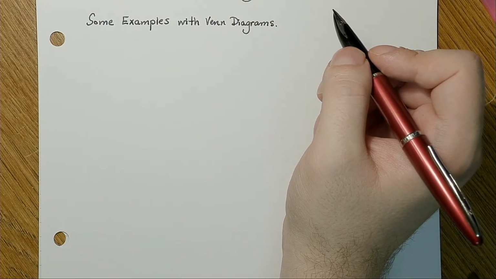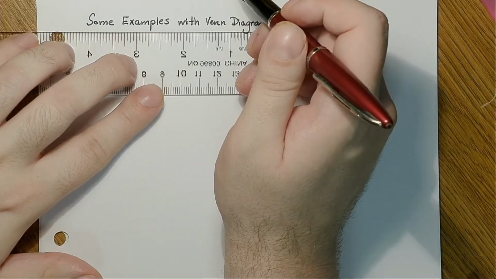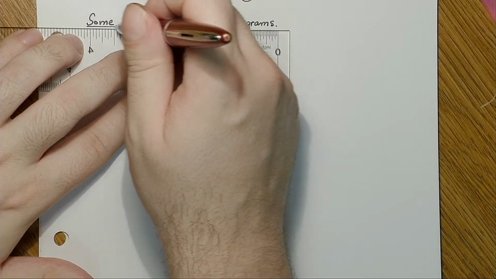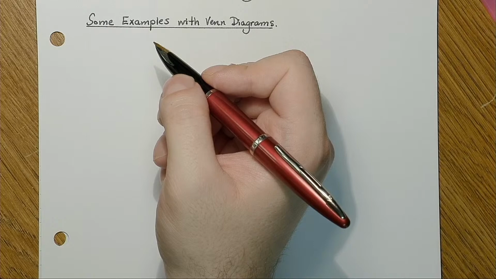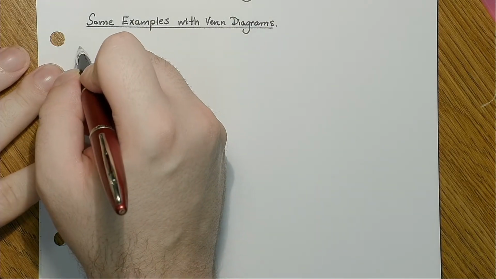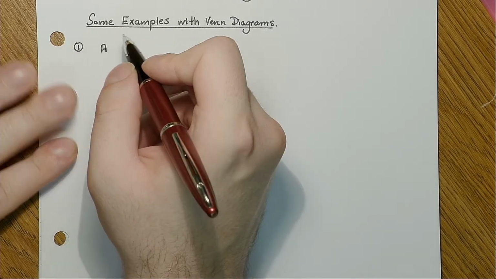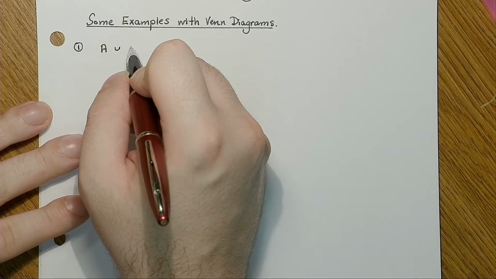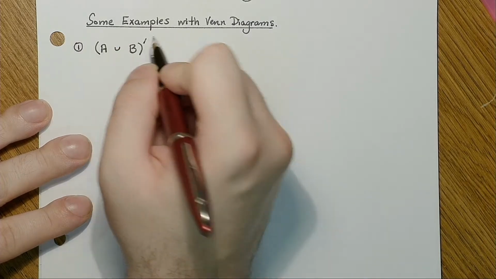Okay, so now that we've got some Venn diagrams, let's play with the union, the intersection, and the complement. So let's say, for instance, I would have A union B, and I would want the complement of this.